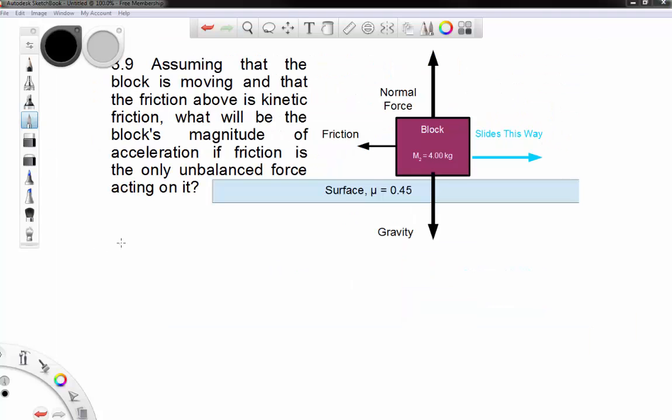If this is the case, then this is equivalent to saying that the total force on the block would be friction plus the weight plus the normal force, and the normal force and the weight actually cancel out. And by Newton's second law, that should be the mass times the acceleration.